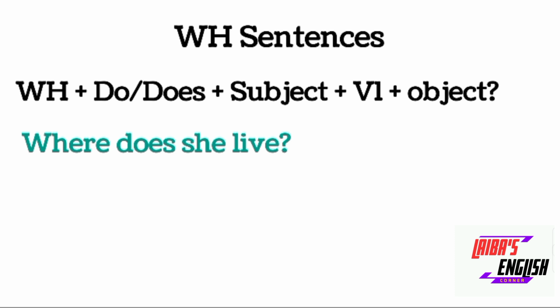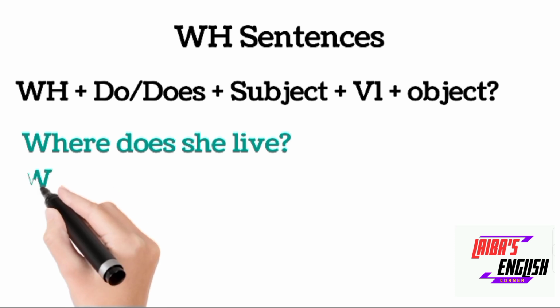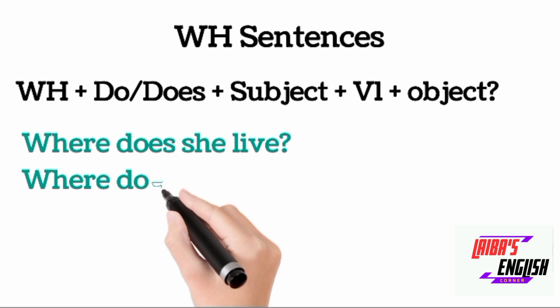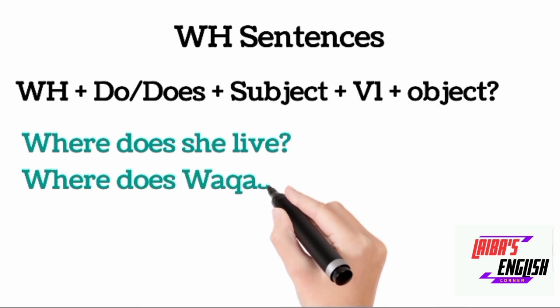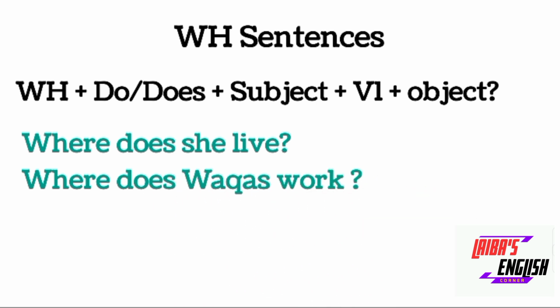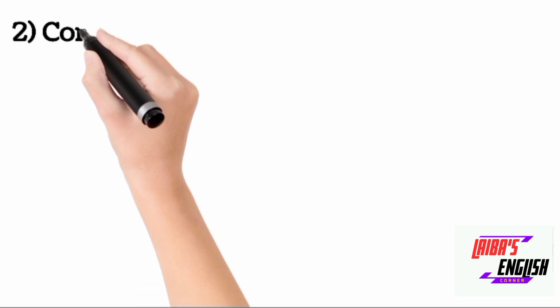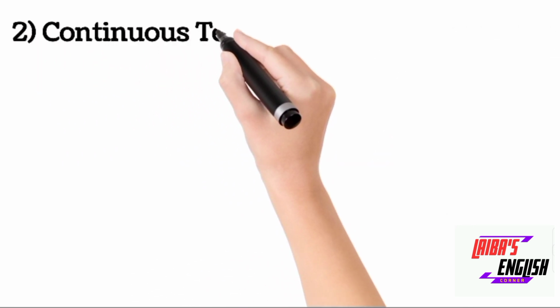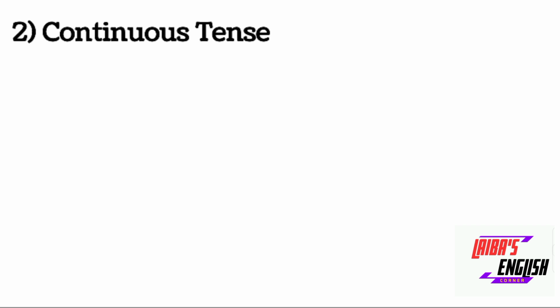In this sentence there is no object, so remember that the object is not obligatory in these sentences. Second example, where does Waqas work? We use does with Waqas because Waqas is the name of a boy. So we are done with our simple present tense.